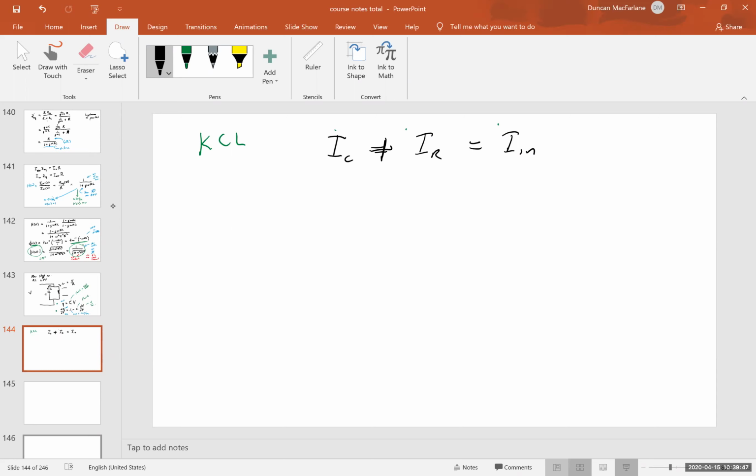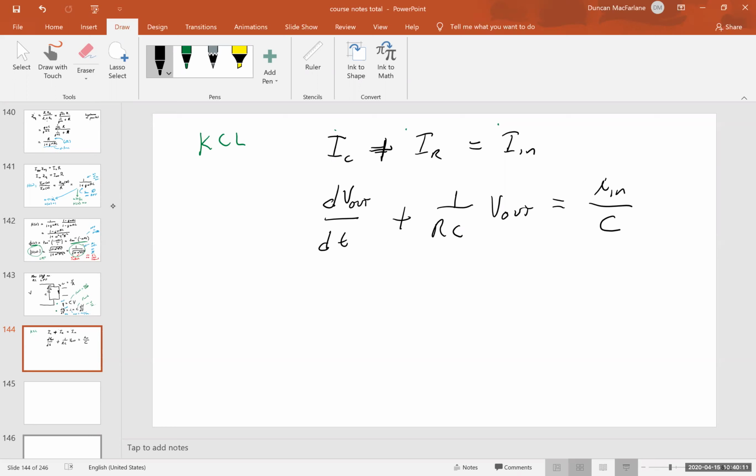The change in the voltage on the output, plus 1 over RC on the output, is equal to I in over the current.